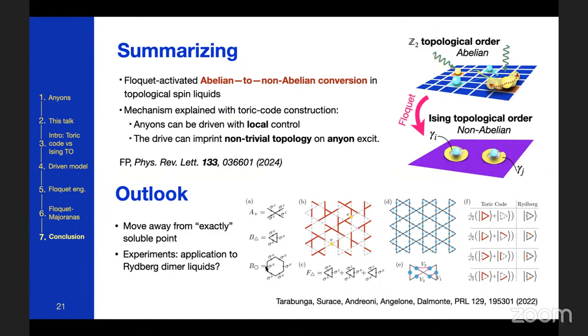Since in the end the mapping ends up with a quadratic model for the fermions, by construction the model shouldn't heat up to infinite temperature. Of course, if one breaks any of the symmetries in the drive, one has to see what happens, and the system will probably heat up very quickly. But in this construction there's no heating, it's really just a mapping.